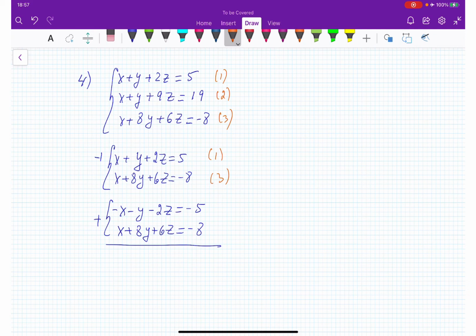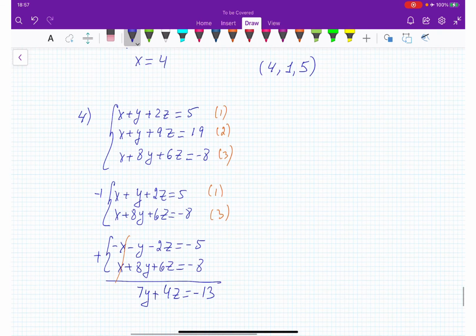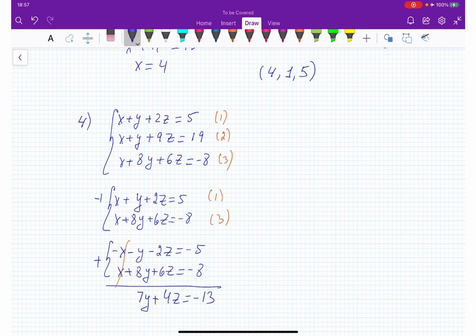So negative x plus x is gone. 8y minus y is going to be 7y, plus 6 minus 2 is going to be 4z, and we equal negative 13. All right, now we need to choose what we left out. Second one, x plus y plus 9z is equal 19.